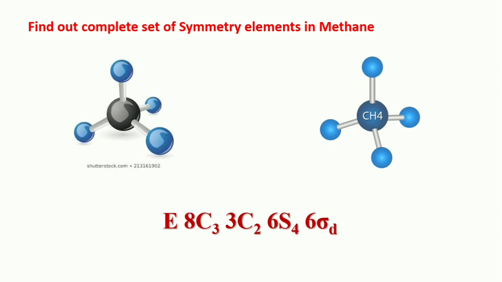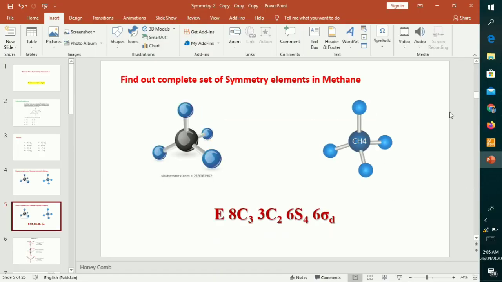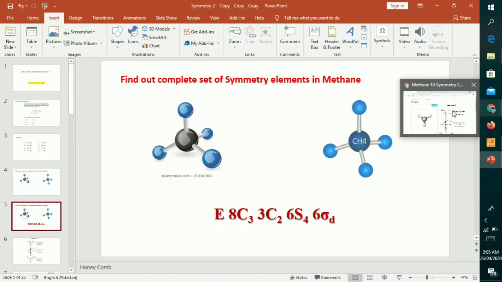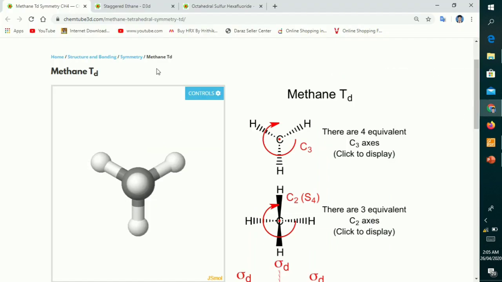How can we find these symmetry elements in methane? You had better do it by yourself, but if you are unable to find these symmetry operations in methane, I suggest you go to the ChemTube website to look into the three-dimensional structure of methane.